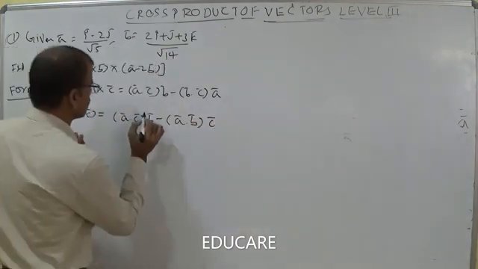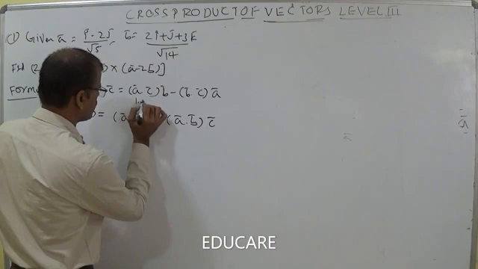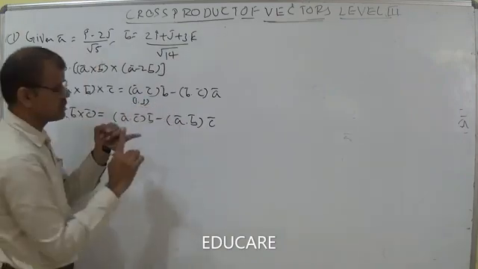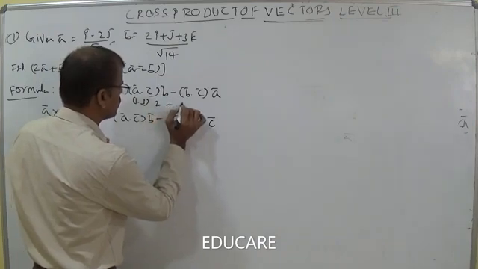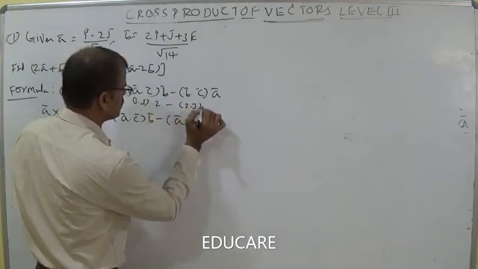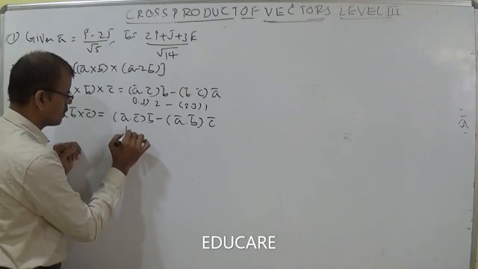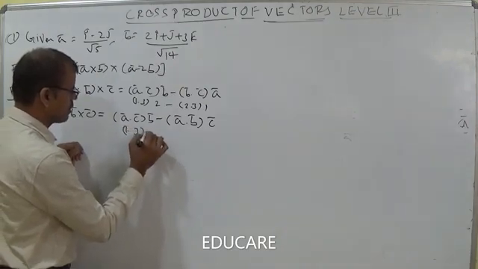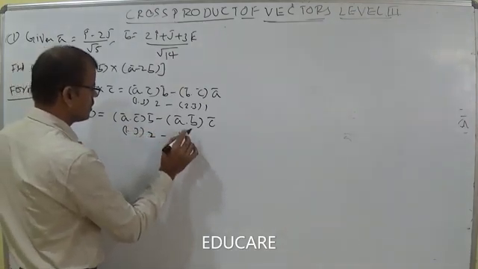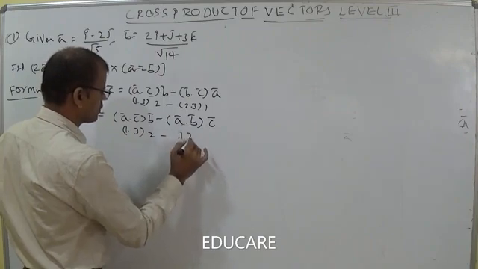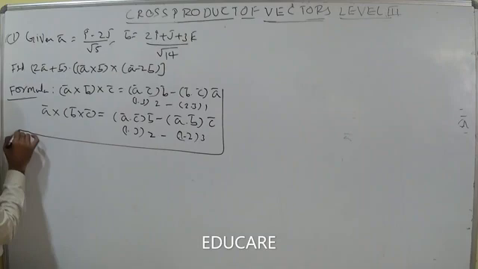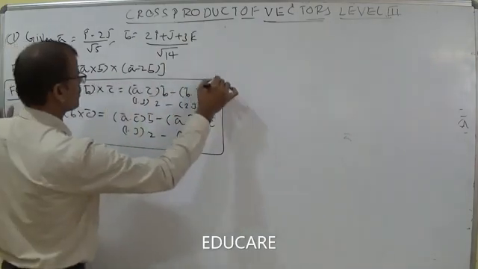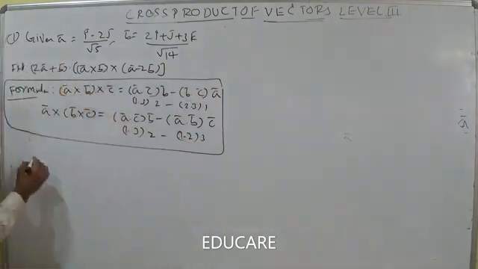Otherwise you can write 1.3 into 2 minus 2.3 into 1, where A is 1, B is 2, C is 3. This is just a remembering shortcut. Using this formula we can solve this one.